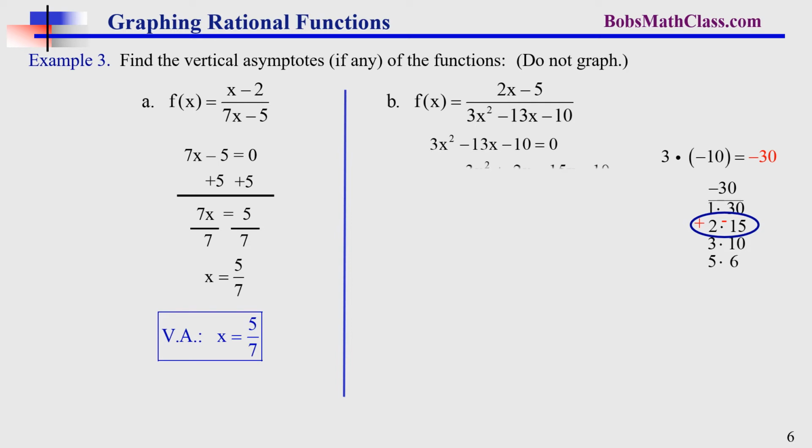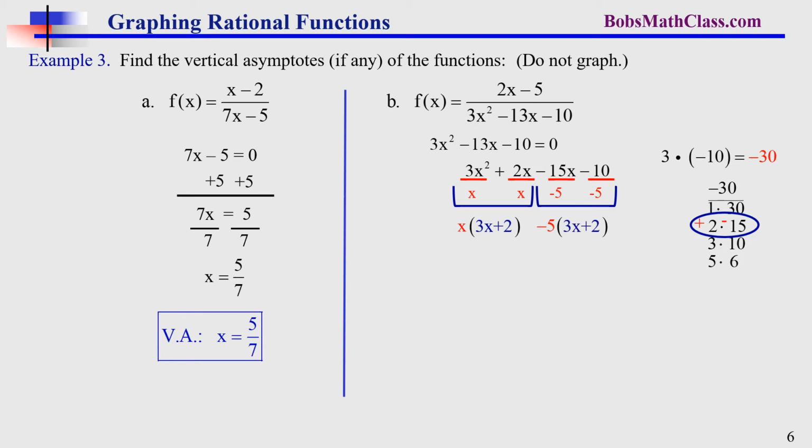Okay, replace the pair with the middle term. Okay, so we could factor out an x from the first pair. That gives us 3x plus 2. And then factor out a negative 5 from the second pair. The GCF is negative 5 because 5 goes into 15 and 10. And then the first term is negative, therefore it's a negative 5.